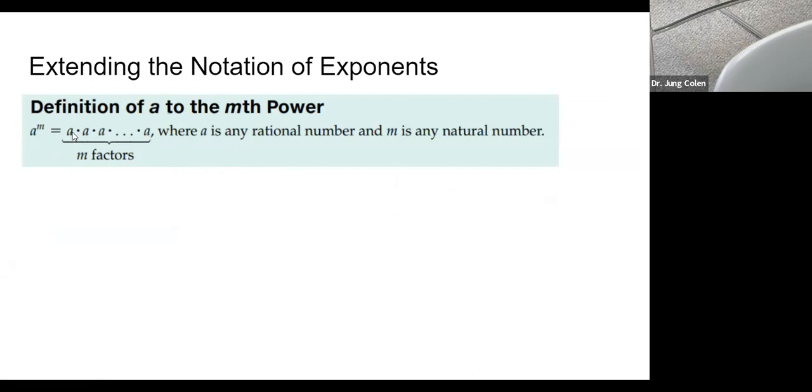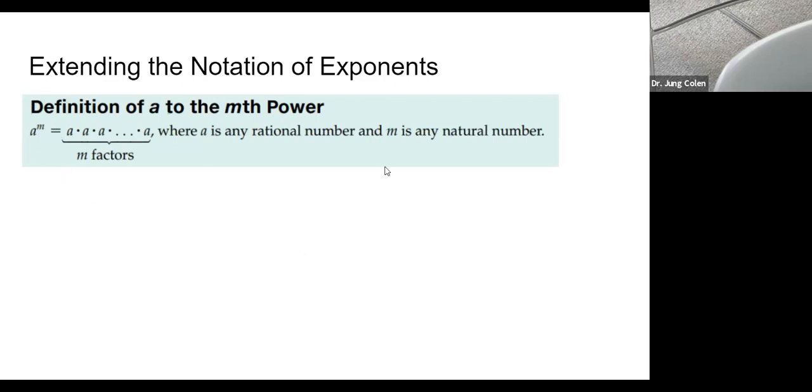When a is a rational number, we can do that, just like what we did with integers or whole numbers or natural numbers. Some of the powers have a specific name. For example, if n is 2, what do we call that? A squared, right? If n is 3, we call that a cubed. After that, we can just say a to the 4th power, a to the 6th power, a to the 7th power, a to the nth power.